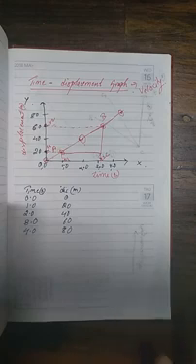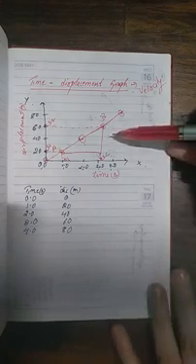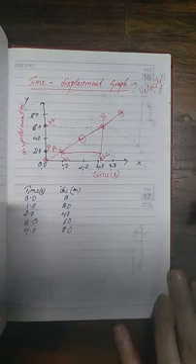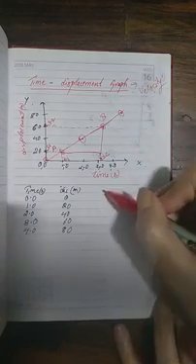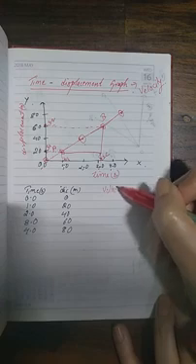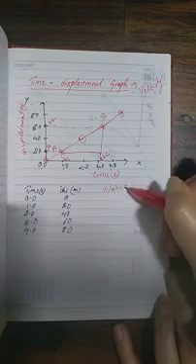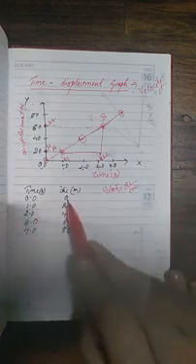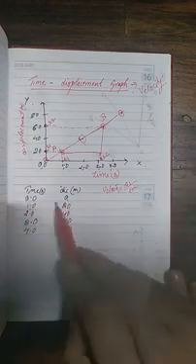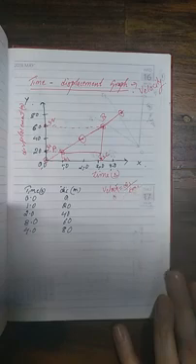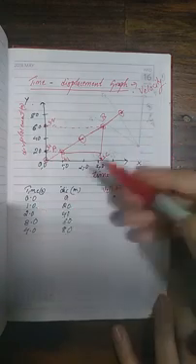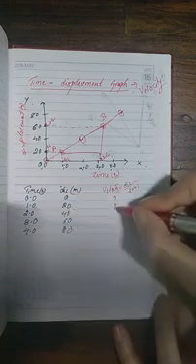Now, from this type of graph also, we can find the nature of velocity, whether it is uniform or non-uniform. So how do we find that? I'll just show you over here. The formula of velocity is displacement over time. For this one, displacement is 0, time is 0, so 0 divided by 0 is 0. Second one, displacement is 20, time is 1. 20 divided by 1 will be 20.